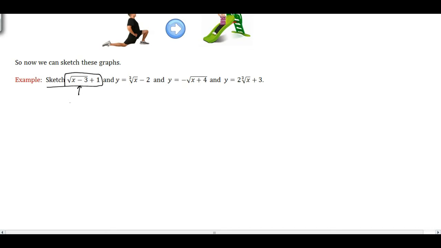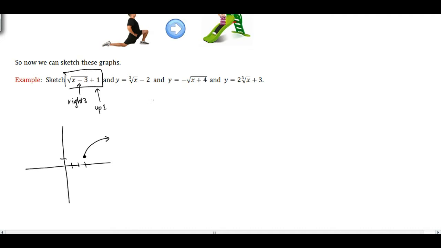So remember, underneath direction, so that is a right 3, and this guy back here is an up 1. So when I draw my graph, or in this case sketch it, I'm going to go right 3, up 1, and then I decide what kind of graph it is. This happens to be an even, so it's a shooting star. So boom, shooting star. Done. That's all I'm looking for, right?